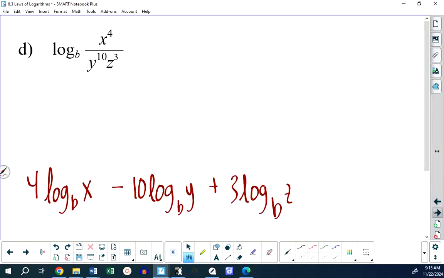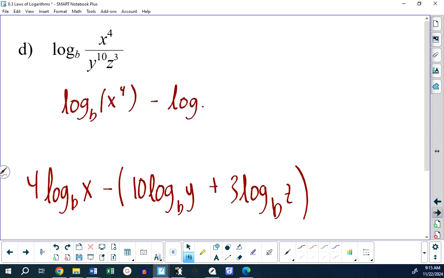Does anybody want to take a stab at why this is incorrect? You need brackets. I need brackets around this. Because, and I'm going to show you a shortcut that saves us a lot of time. But the reason for that is this is log base b of x to the 4 minus log base b of y to the 10 z cubed, right?